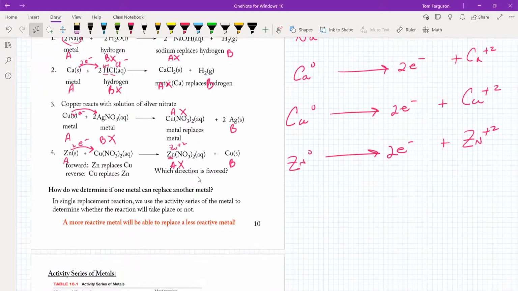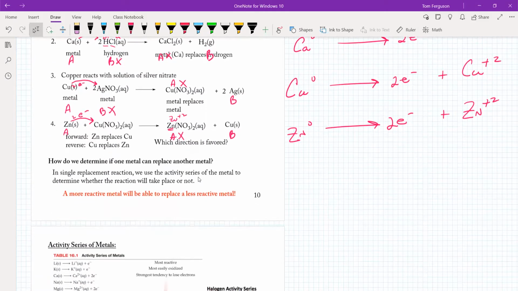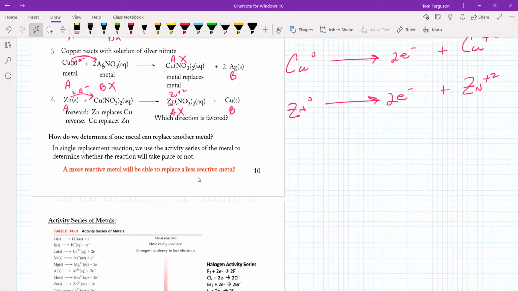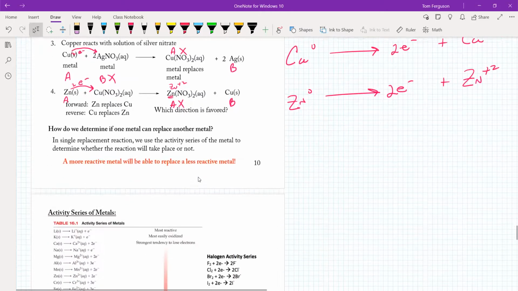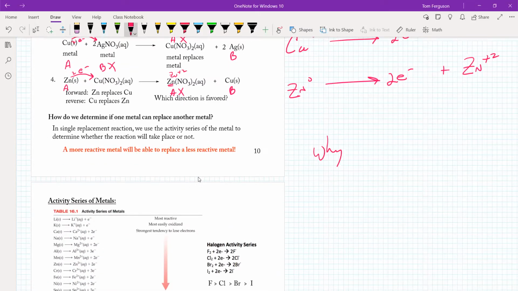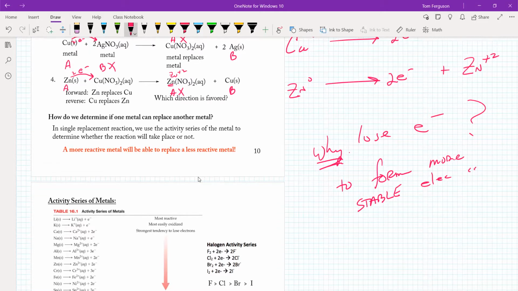Now, the question is, some metals like to lose electrons more than others. Why? As we talked about before with electronic configurations, to form a more stable electronic configuration, okay?